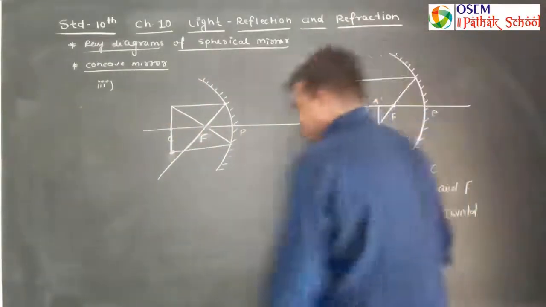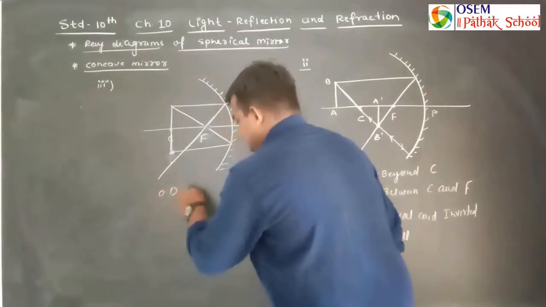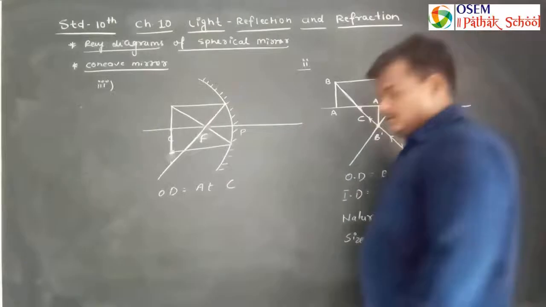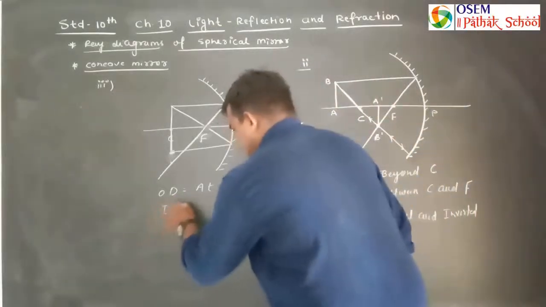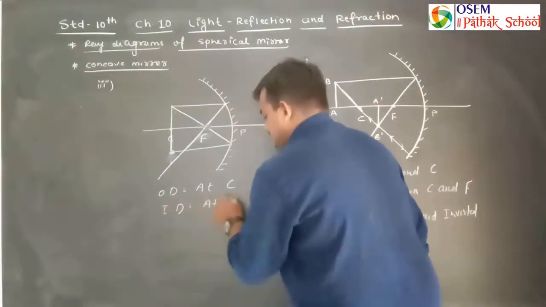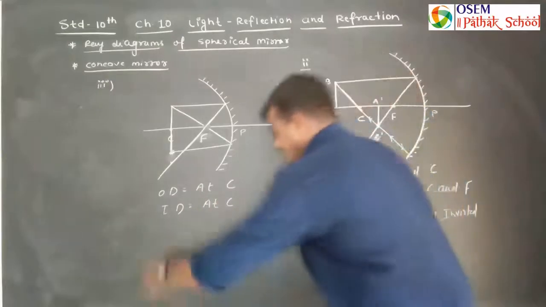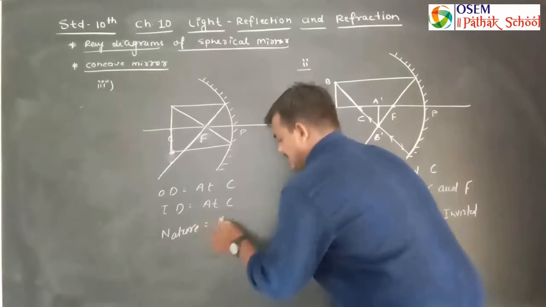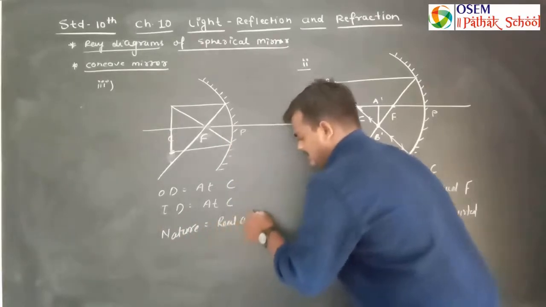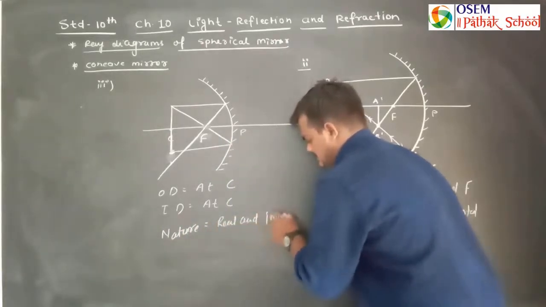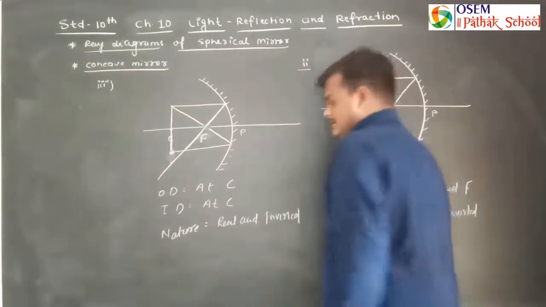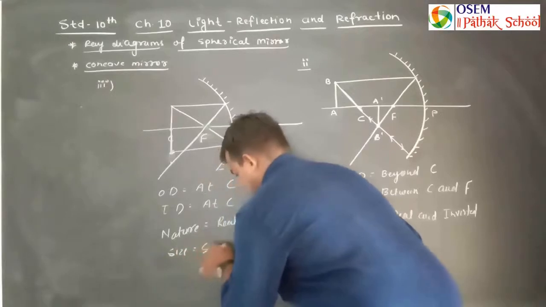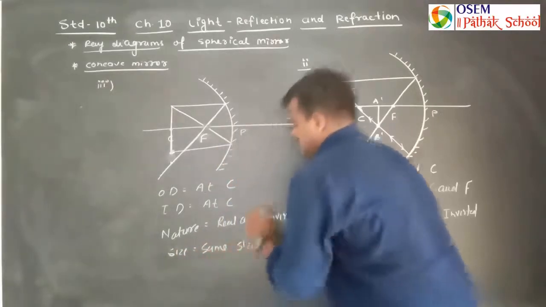That's why it is our third case. In this case, object distance at capital C, image distance that I obtained also at capital C, nature of image that is real and inverted, and size of the image that is same size, it is formed same size as the object.